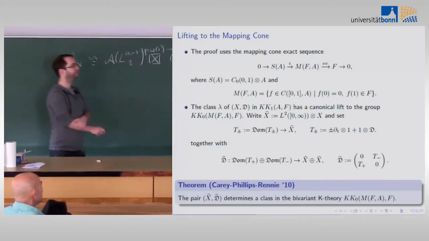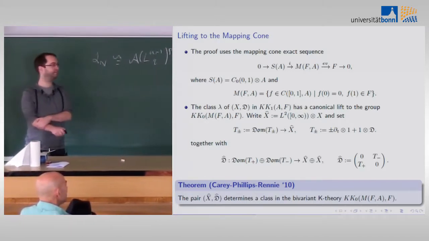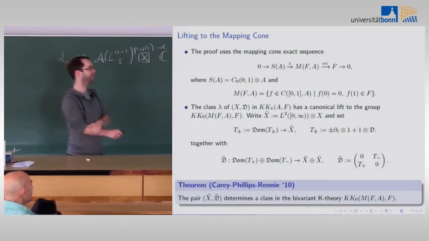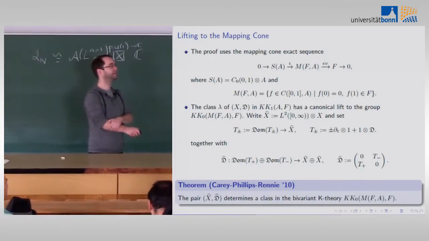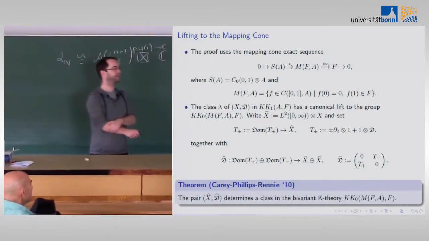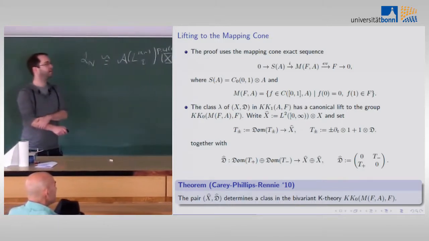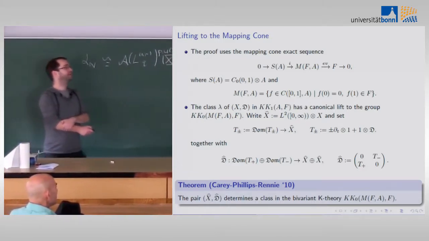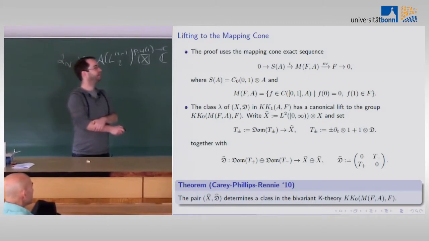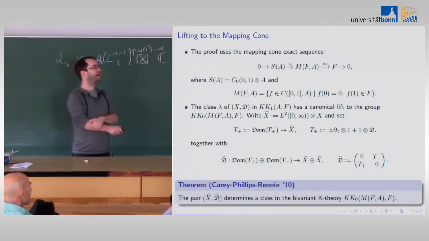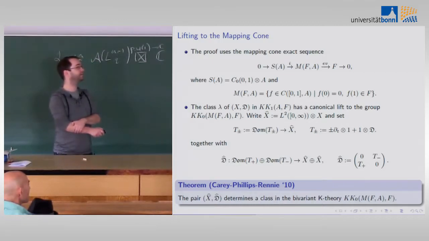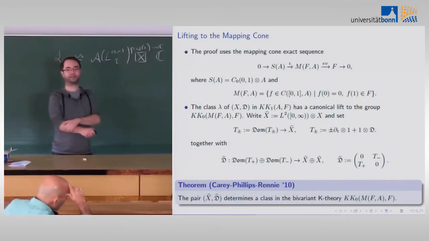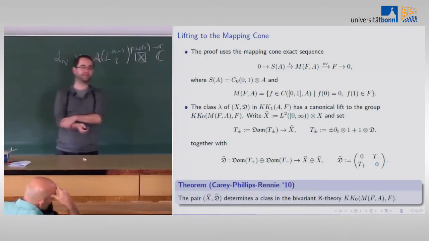And then you have a theorem which I think is quite a deep theorem. Maybe it's because I'm not an expert, but this is very hard work, I think, to show that if I double everything and lift this operator, this does indeed give me a class in KK0 of the mapping cone with F. The reason that this is hard work is because this lift is a priori not a self-adjoint lift, and you have to work very hard to fiddle with the domains a little bit to make sure that you get a self-adjoint operator at the end of the day.